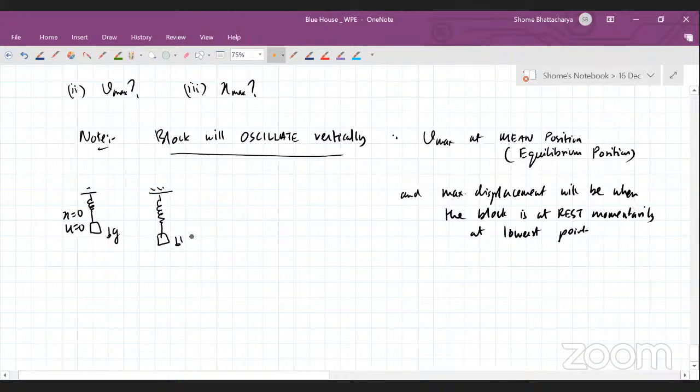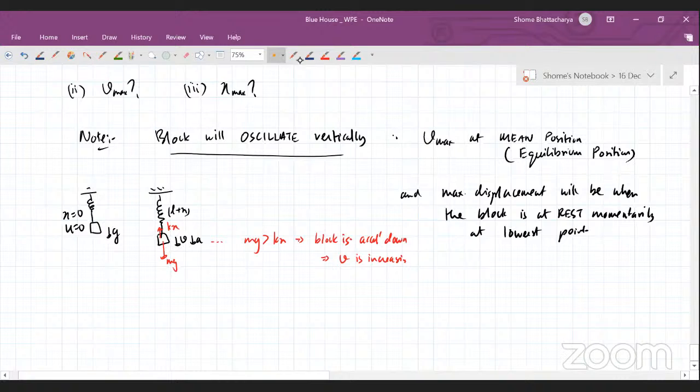Now it still has a velocity like this and it still has an acceleration like this, because what is happening here, mg is still greater than kx. Okay. So at this point of time, mg being greater than kx means the block is accelerating downwards. So that means speed is increasing.